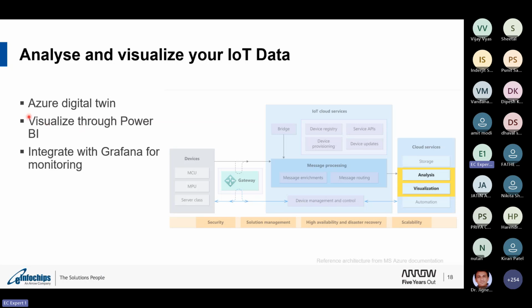So you can use the Azure Digital Twin to replicate the exact state of the device into the cloud and keep gathering the telemetry data so that you can run an algorithm to create an insight out of it. For example, let's say a robotic arm is using a power supply or a battery backup inside it, which is a UPS.